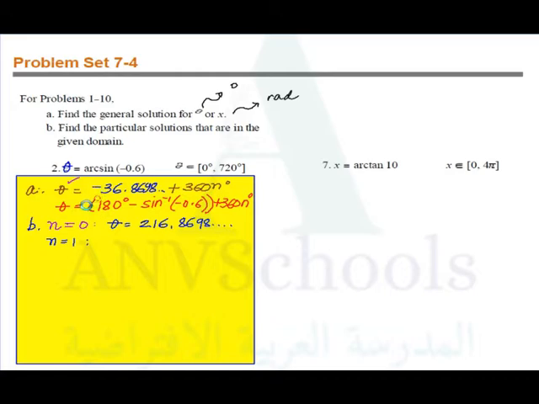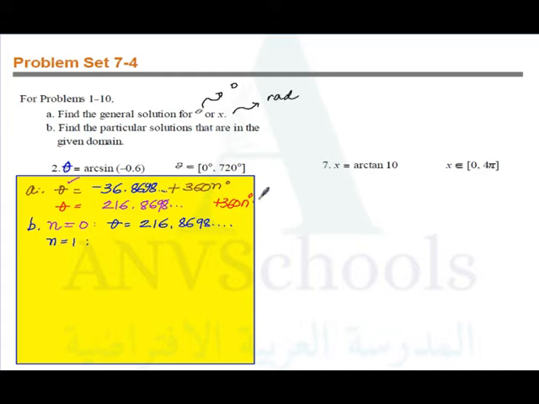And for this part, we could also write down the value that we first obtained, which is when n is equal to 0. And that would be 216.8698 plus 360 degrees n.